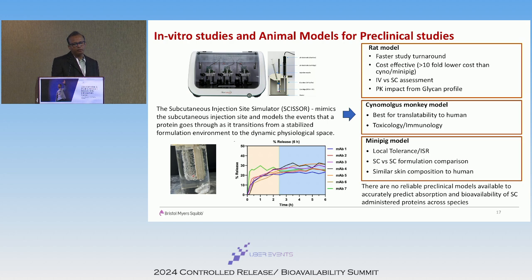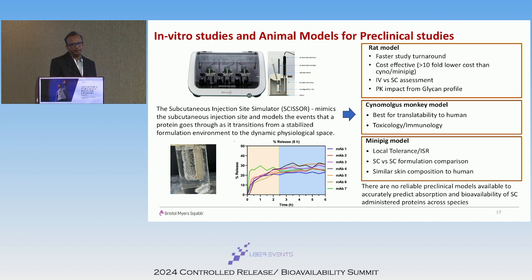There are also animal studies we do, and I think there was some good discussion yesterday and today about the prediction of the animal models, and we all know for the human, the best predictor is a human. So in this area, we still do some of the preclinical models to try to assess some of the risk, like rat, cyno, or the mini pig. And some of the animals are again not the substrate of these antibodies, so we need to understand that.